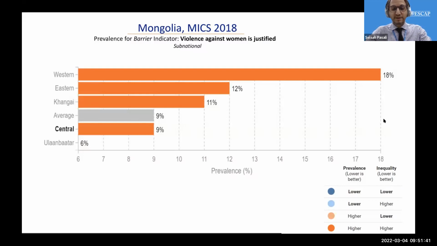The furthest ahead group was younger women who are tertiary educated and come from the top 60% households in wealth distribution. So there's a big gap, 4% to 23%. The furthest behind and furthest ahead is already giving us the range for the inequality, if you will. But then we are going to convert this to the index for a single metric. And we see that prevalence of this barrier is lowest in Ulaanbaatar.